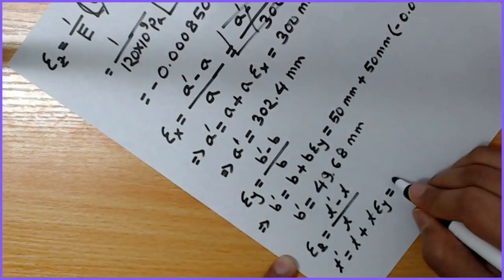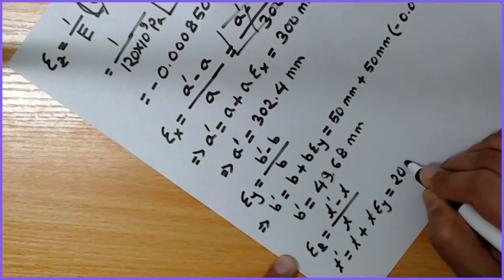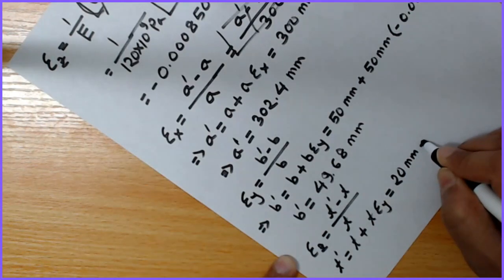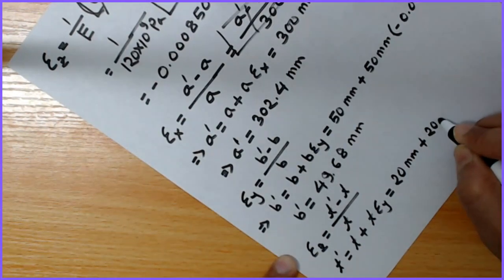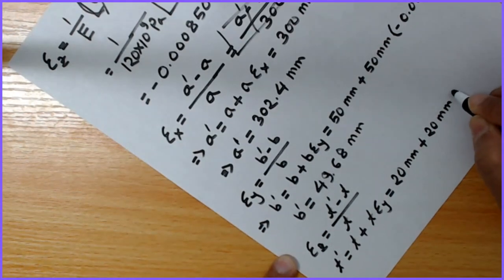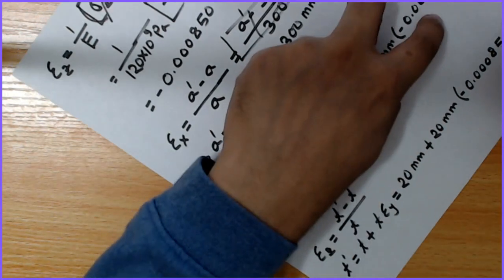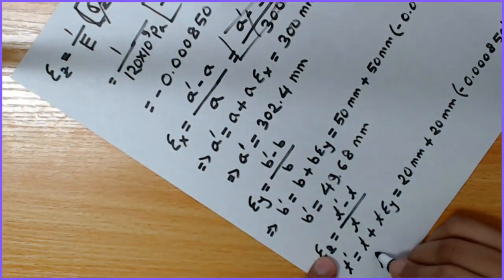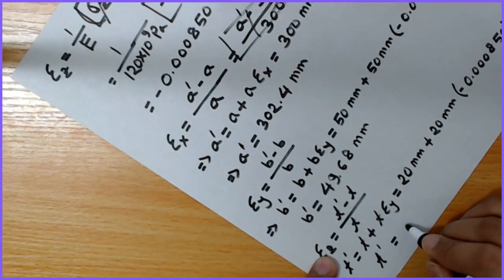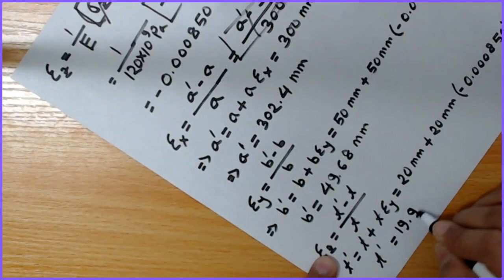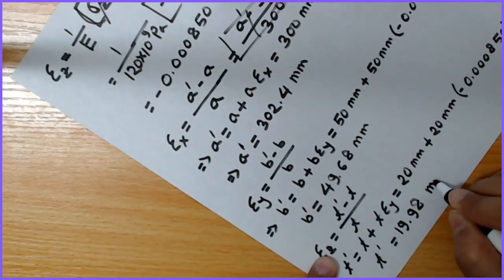So 20 millimeter plus 20 millimeter multiplied by minus 0.000850, and so T prime is 19.98 millimeter.